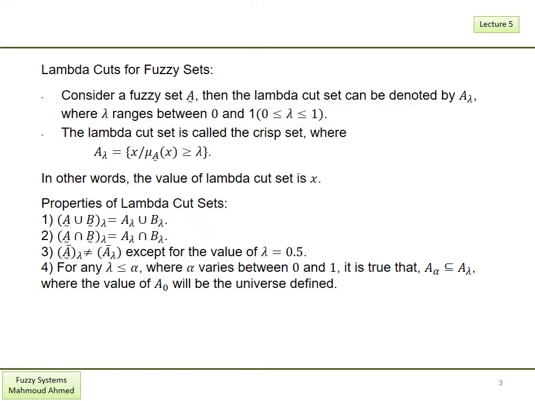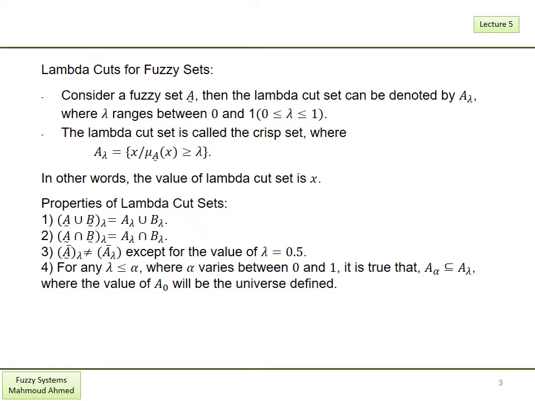Also, the intersection of fuzzy set A and fuzzy set B with lambda cut is represented as the classical sets A lambda intersection B lambda. But the complement of fuzzy set A at lambda is not equal to the complement of the classical set A lambda, except for the value of lambda equals 0.5.